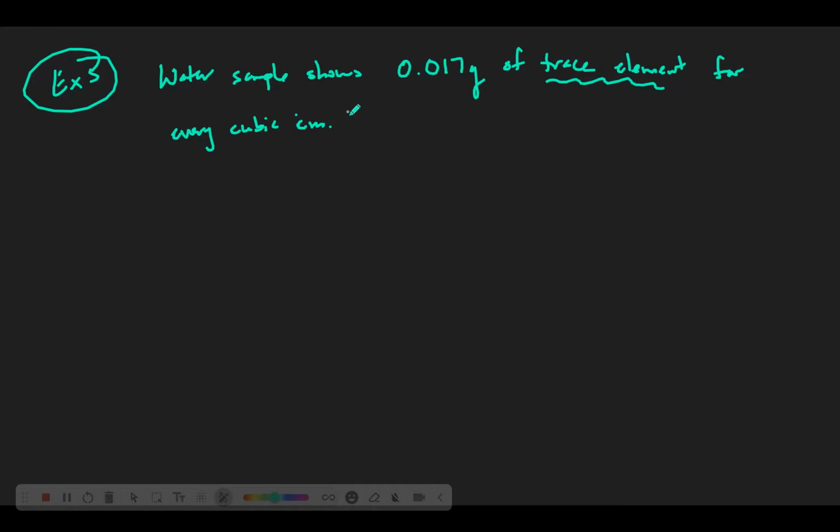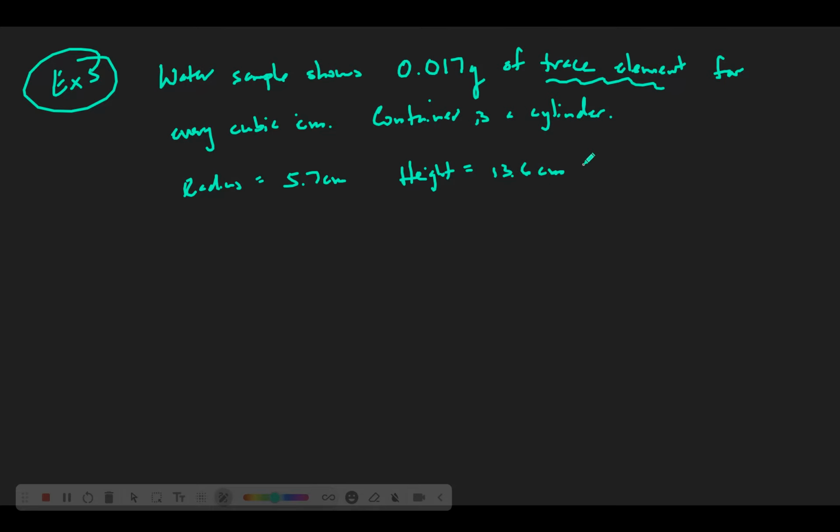Okay. So we have a container that is a cylinder. The radius equals 5.7 centimeters. The height equals 13.6 centimeters.